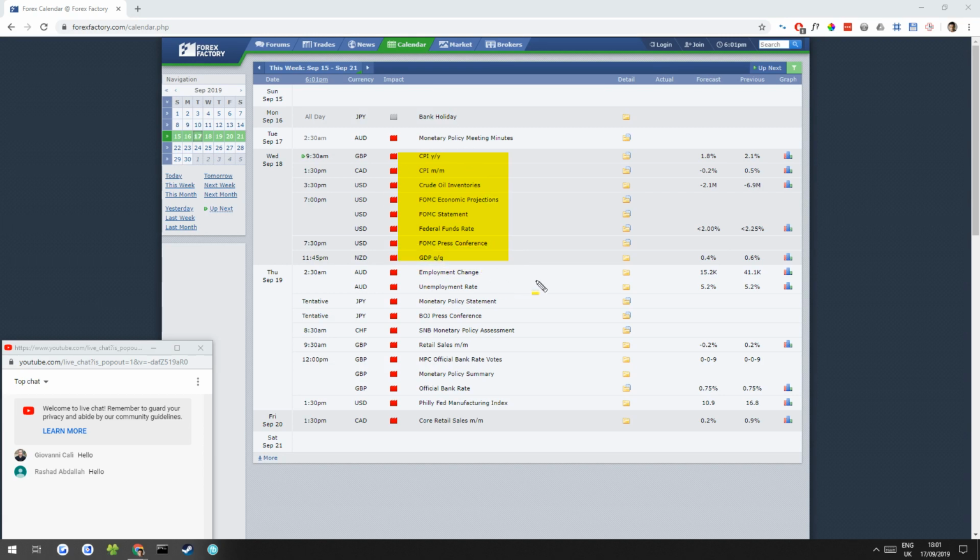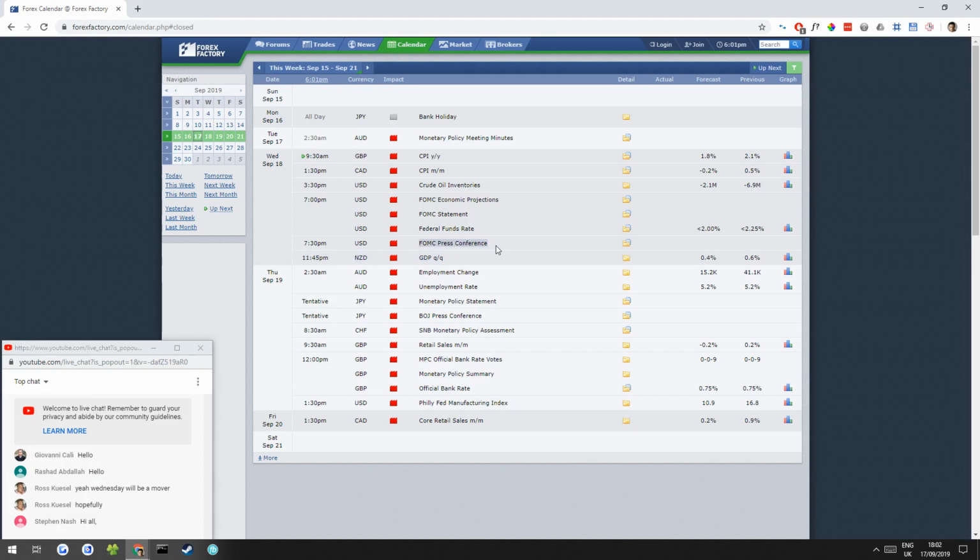Tomorrow is going to be a busy news day, which is probably going to lead to a lot of market movement, which is good. Now, for news reports that I'm worried about, the ones that are going to keep me out of trades, it's really only going to be these ones here: FOMC economic projections, FOMC statement, and the federal funds rate. These are likely to cause some movement in the market, so do watch out for those, followed by the press conference.